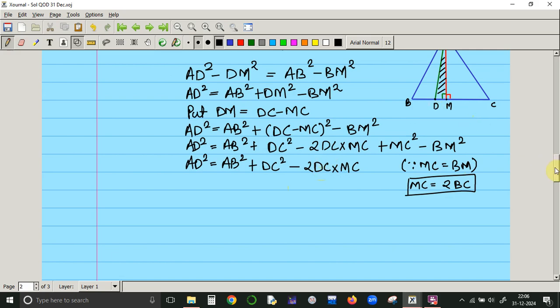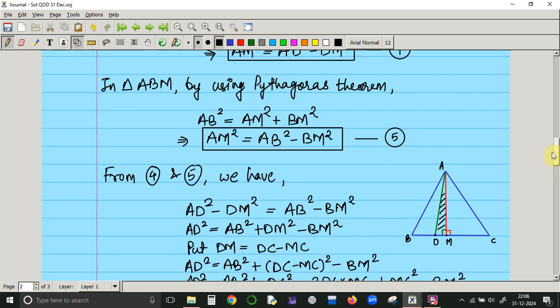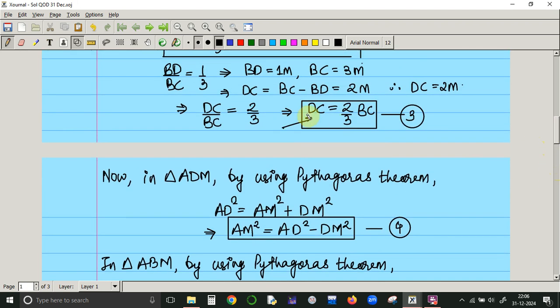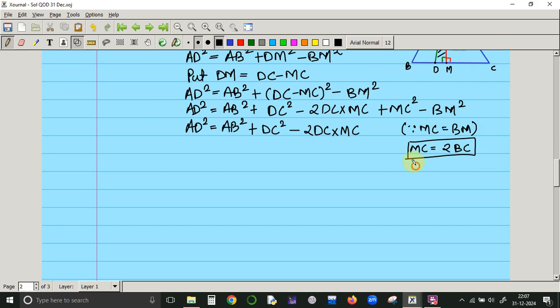I want to replace this DC by some other value, maybe BC. Look at this third equation. DC is equal to 2/3 of BC. So I'm going to use these two equations here. AD square as it is, AB square plus, instead of DC I have to write 2/3 of BC, but there's a square.